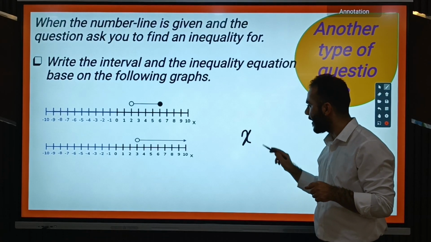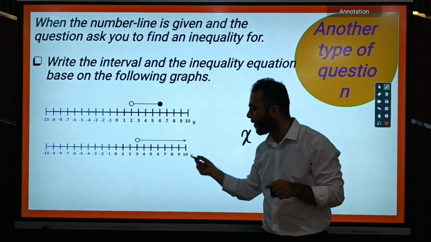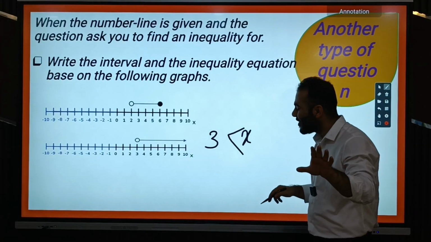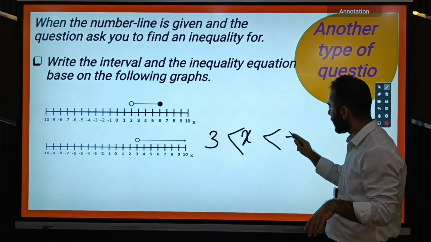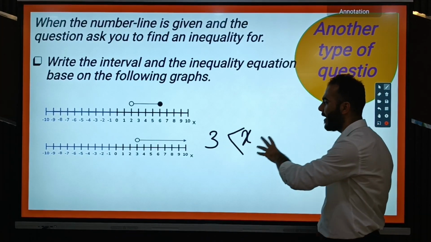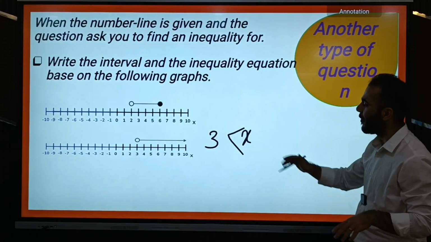The next one is another x. Look, all the x's are greater than 3. Some students write it like this, x less than positive infinity. You don't need to, because that means all the x's are less than positive infinity and greater than 3. Only that part is enough.